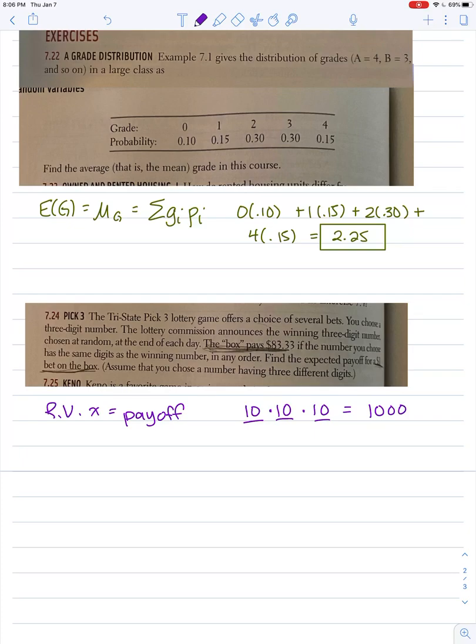But there's only actually 6 ways you can win, because whatever the 3-digit number is, it could be in different orders. So 6 outcomes would win. For example, let's say the winning number was 348. Well, you would win if you got 348, 438, or 834. So there's actually 6 different outcomes.